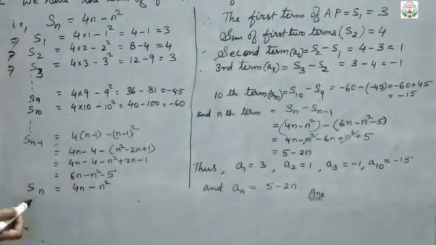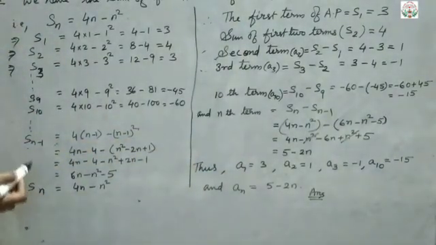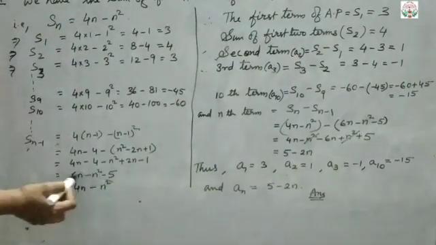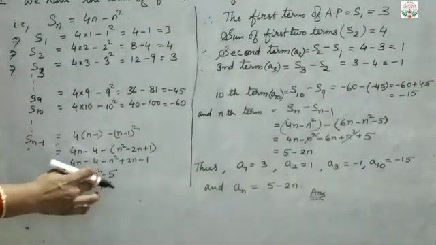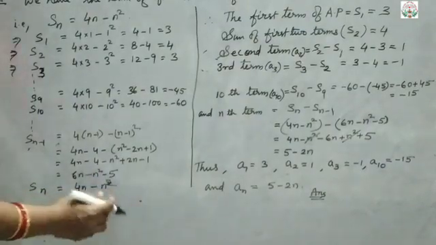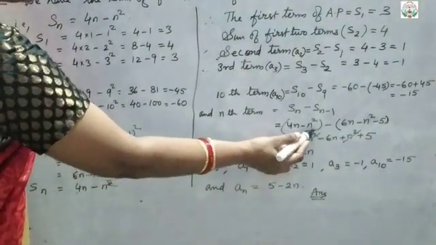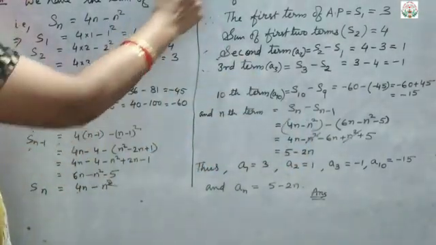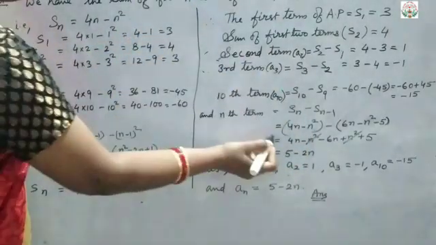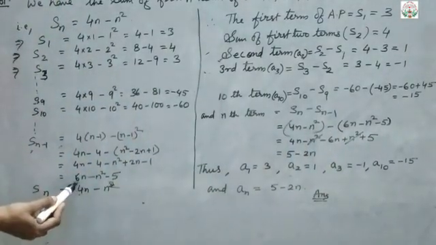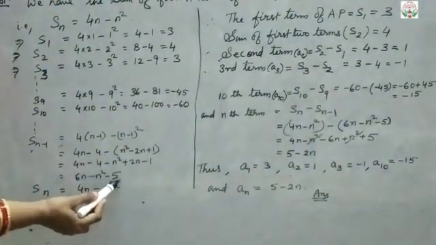Same way the nth term. As I said, the nth term is Sn minus Sn minus 1. So this minus this I will do. Here Sn is 4n minus n square, as given in the question. So 4n minus n square minus Sn minus 1, which is 6n minus n square minus 5.